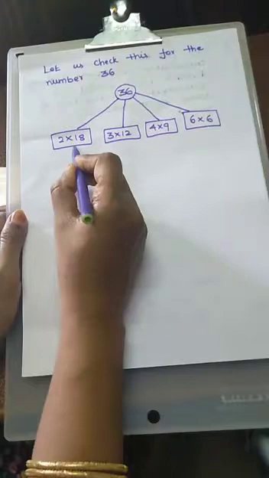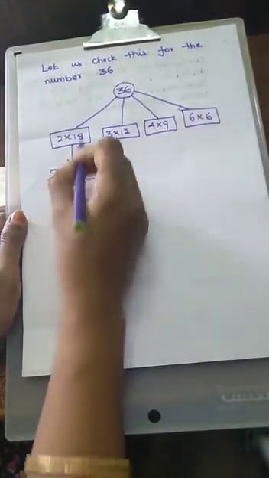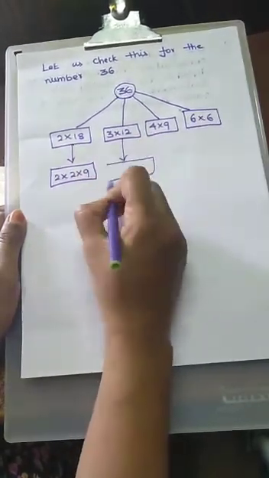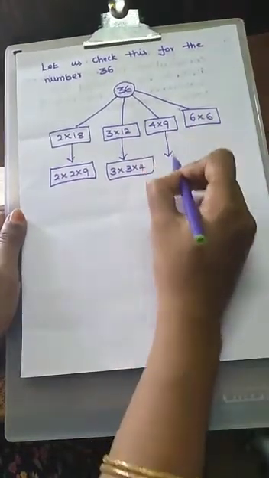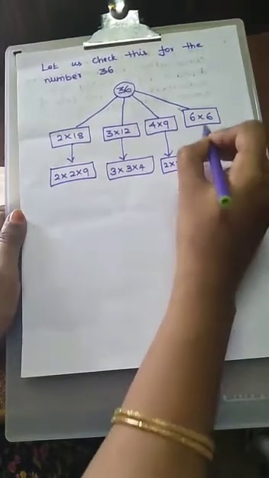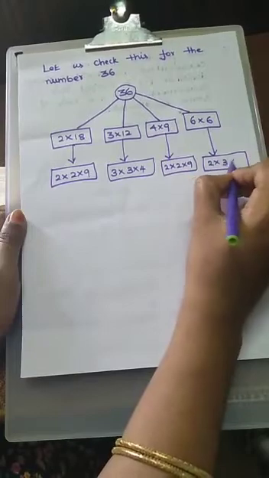Next we have to split the numbers actually. How can we write? 2 into 9. Okay. Next 3 into 3 into 4. Next we write 2 into 2 into 9. Next 2 into 3 into 6.